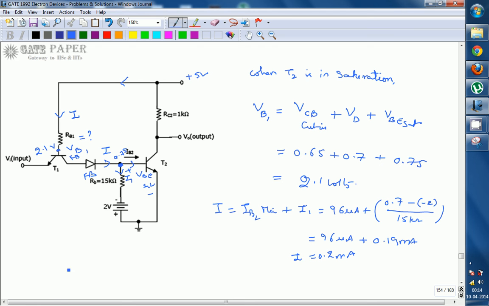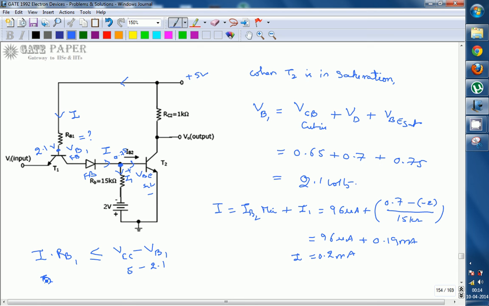Now the voltage drop across that resistor, I into RB1, should be less than or at most equal to VCC minus VB1, which is 5 minus 2.1, and I is 0.2 milliamperes.